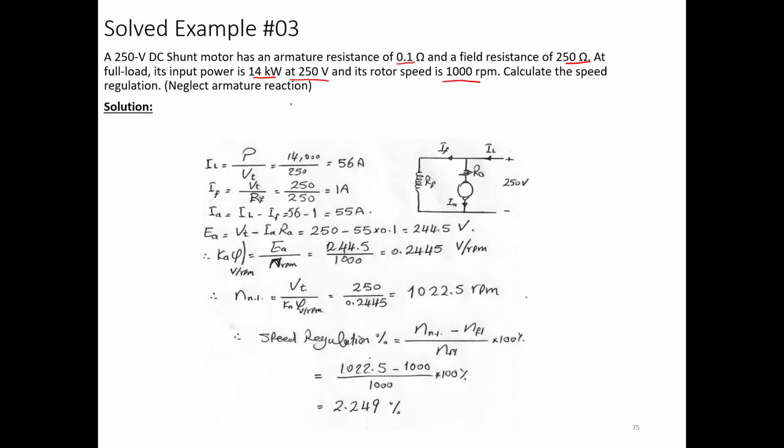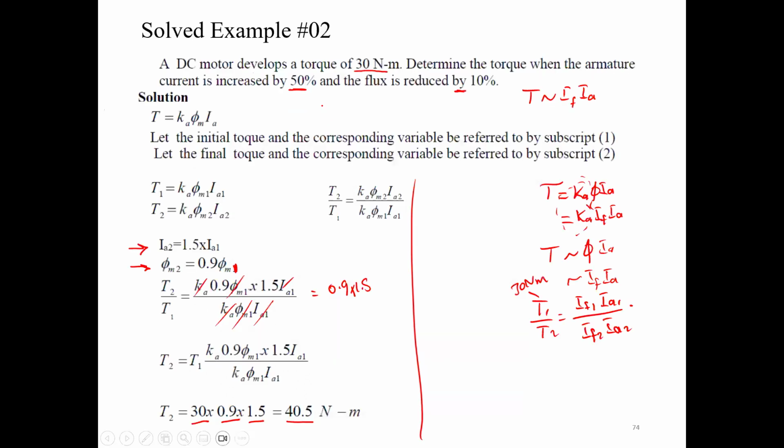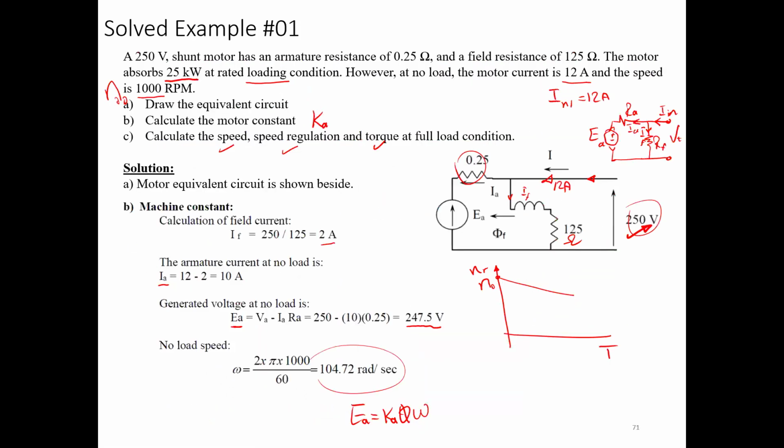Let's see together what the differences are. In the first example, we had full data for the no load condition. If you go back to the first example, in case of no load, we have the current value and the speed. So both were given at no load condition.